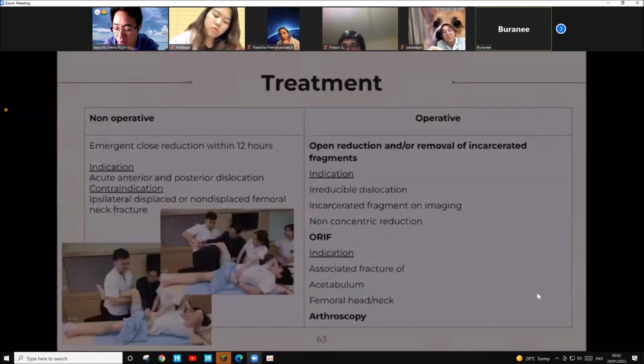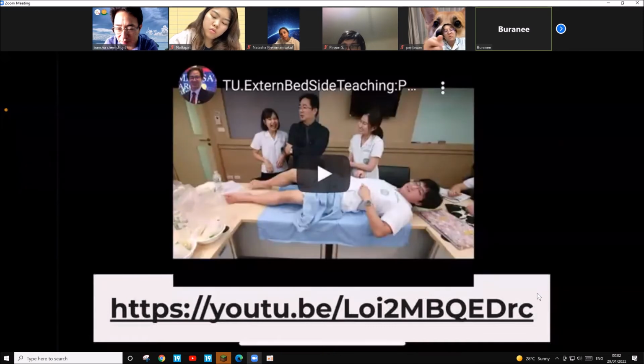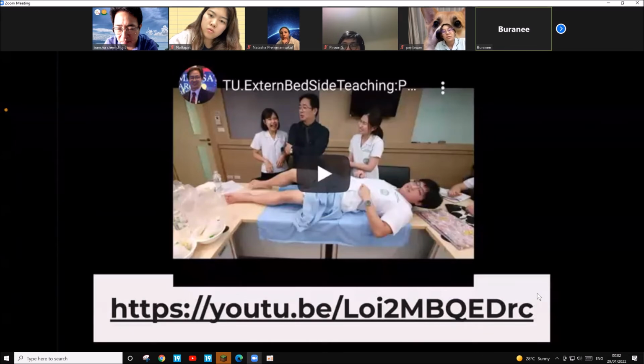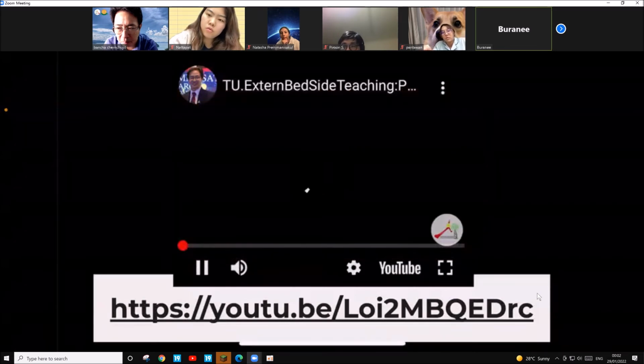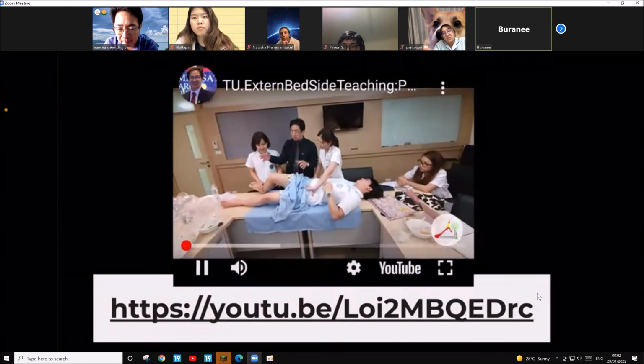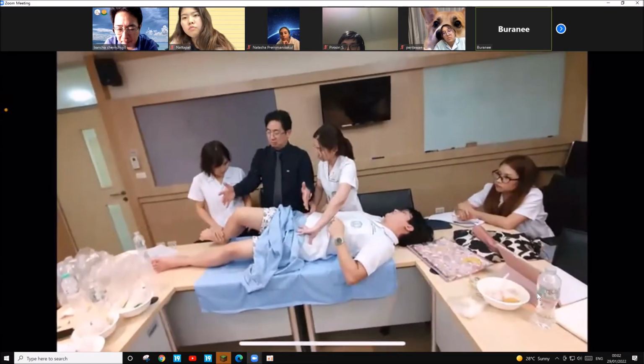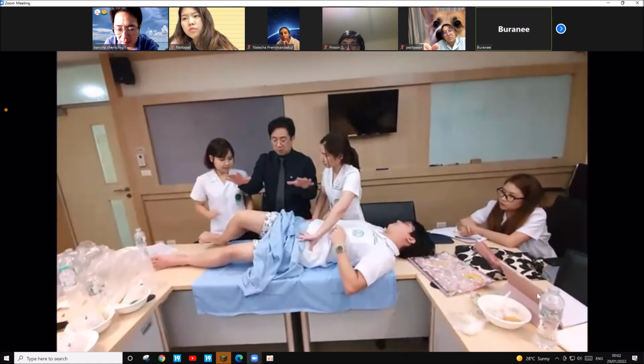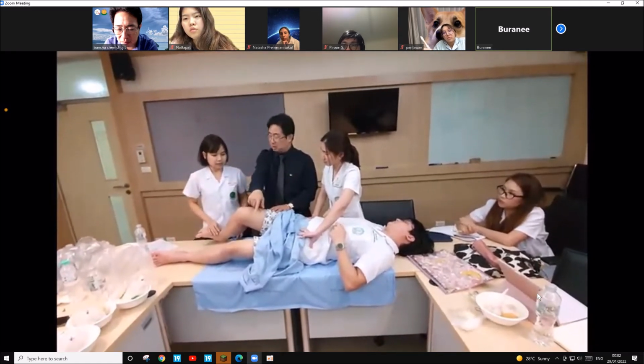So these are two techniques of reduction. The first video will show the Allis technique. You ask your assistant to put the patient on the floor or on the table, but most of the time we put the patient on the floor because it's easier.